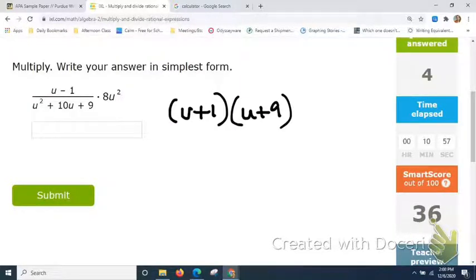It's not helpful because nothing cancels with that. The u plus 1 and the u minus 1 cannot cancel. And so, since nothing cancels, I can just go back to using my original thing.